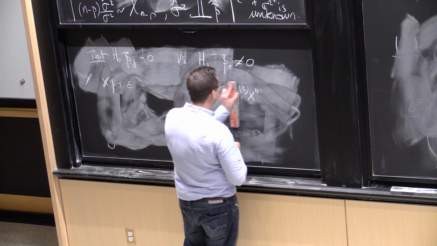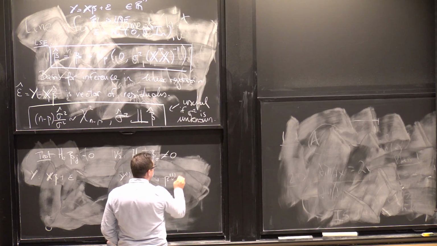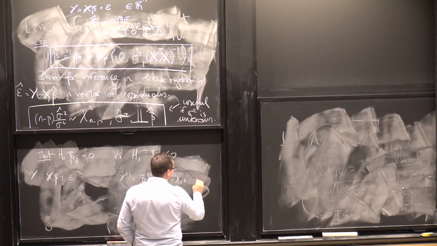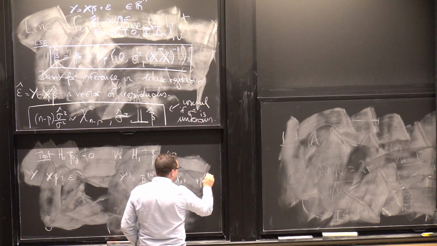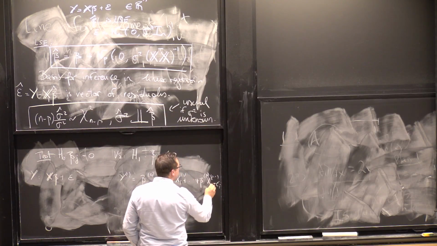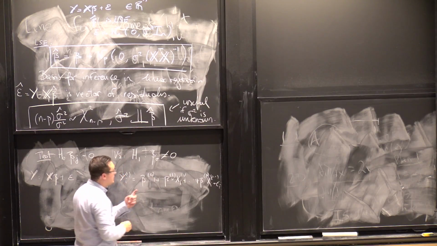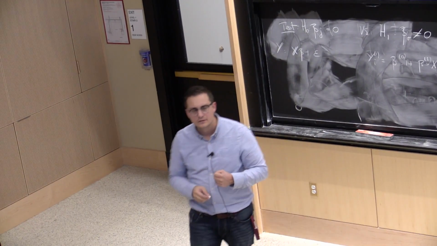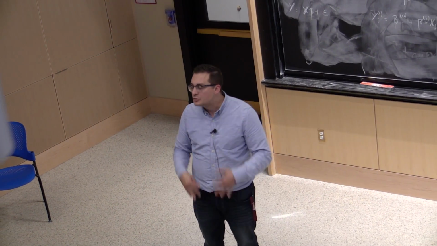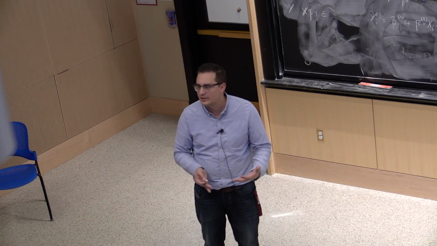Let me write it like this: beta 0 plus beta 1 x1 plus beta p minus 1 x p minus 1 plus epsilon. And that's true for all i's, right? And this is beta 0 times 1, that was our first coordinate. So that's just expanding this, going back to the scalar form rather than the matrix-vector form.